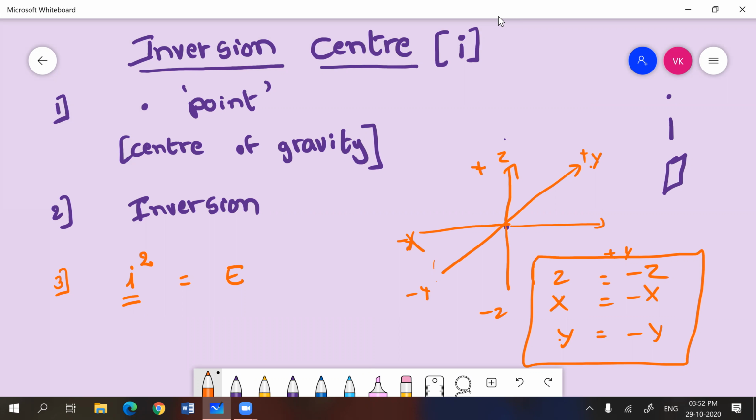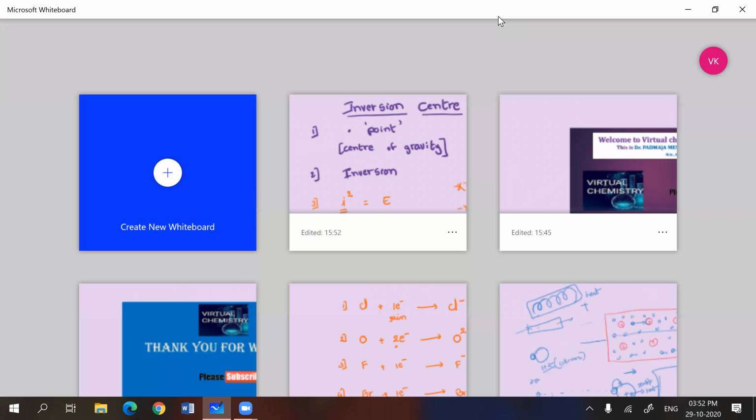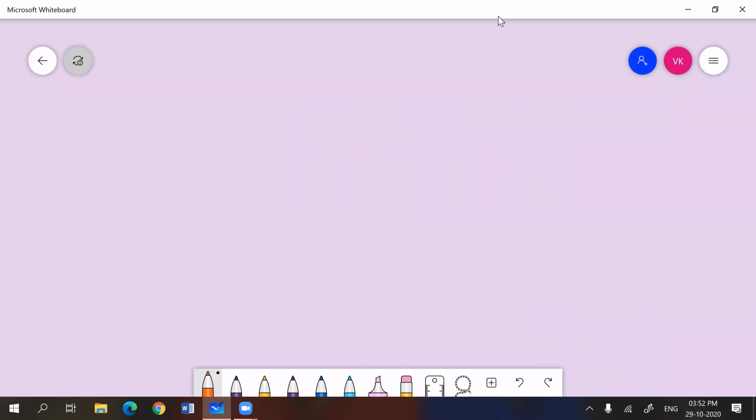Now let me explain with these two examples. The first example I'm going to take here is the hexafluorosulfur, SF6 molecule, and the shape of the molecule is octahedral.